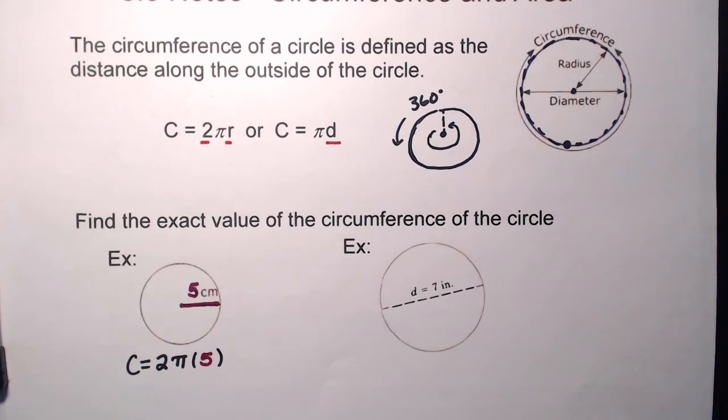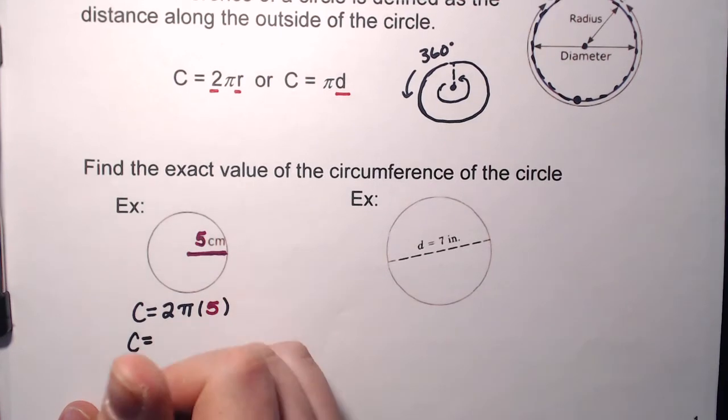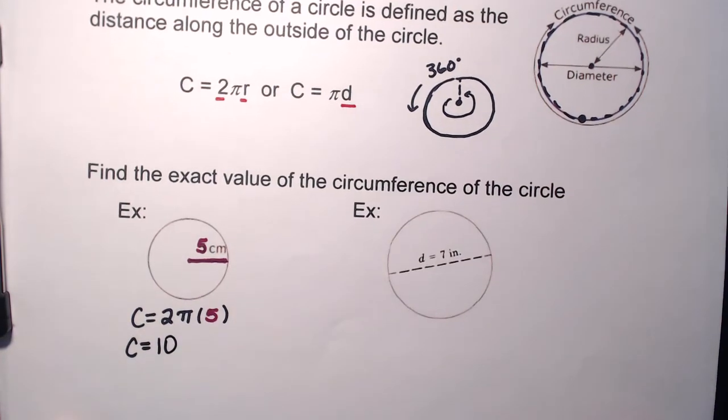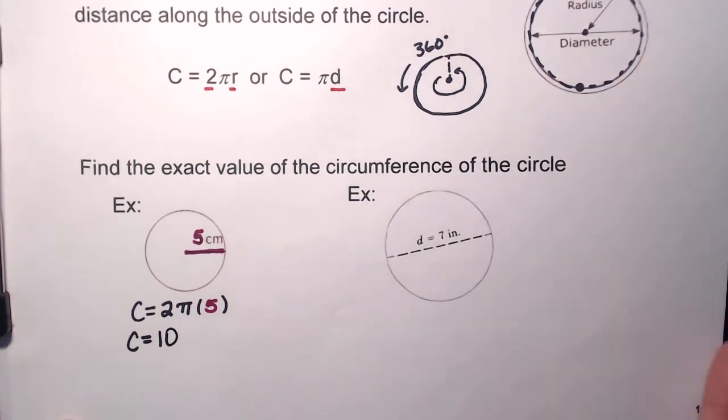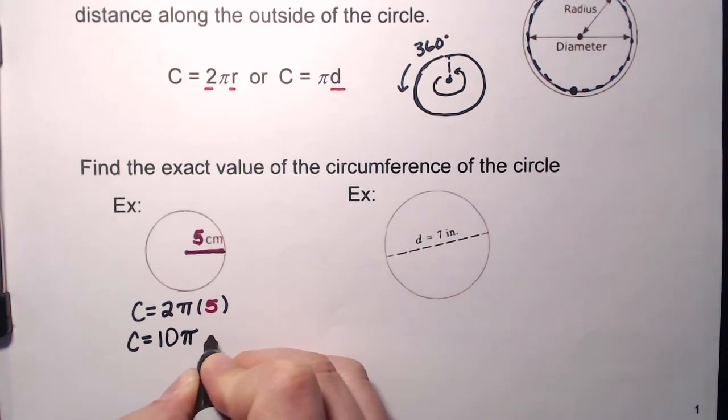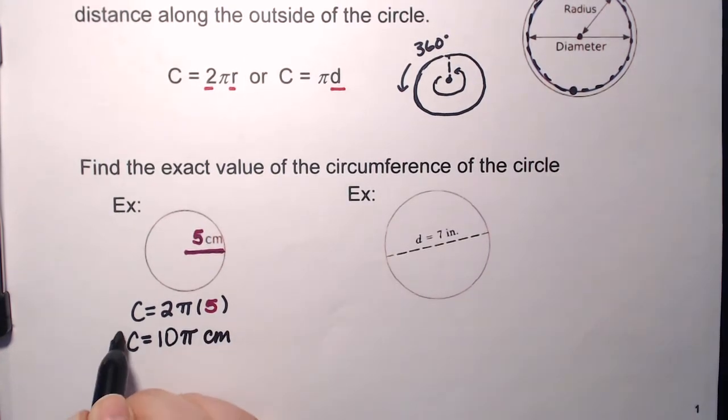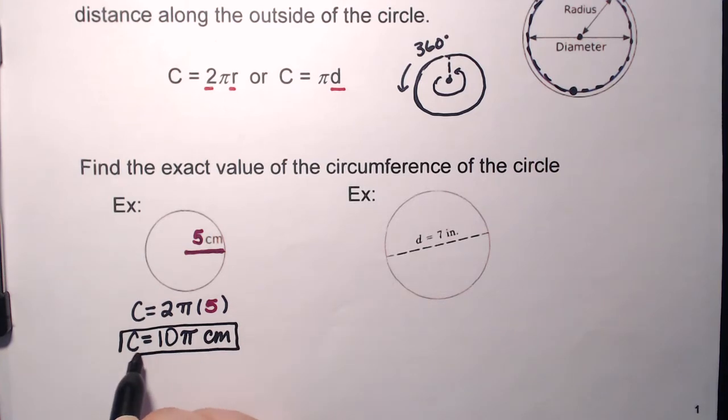The first one is I want to multiply everything before I deal with the pi. So I'm going to do 2 times 5, let's speed this up, is 10. And then we also have the pi. And then the units are centimeters. So that's going to be one of the answers we're looking for.